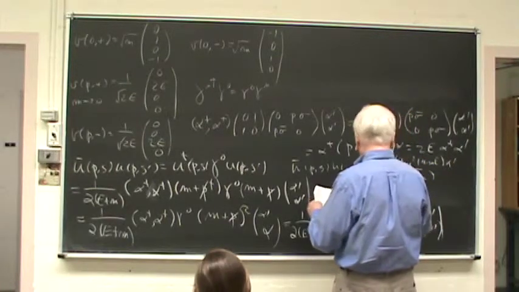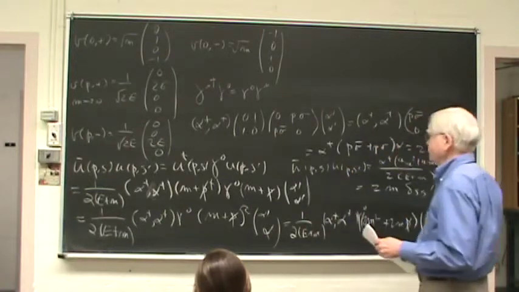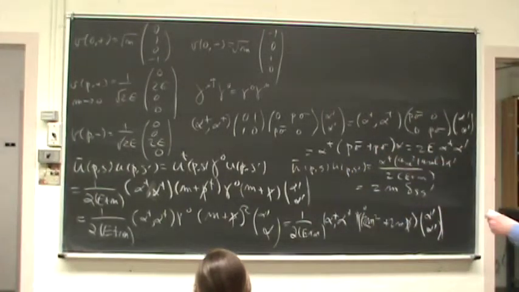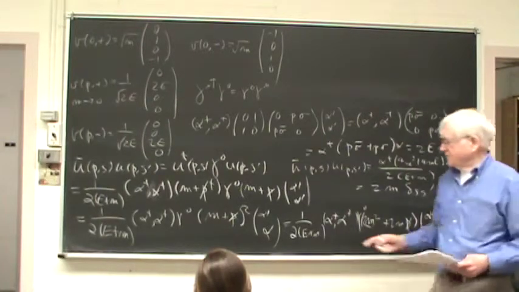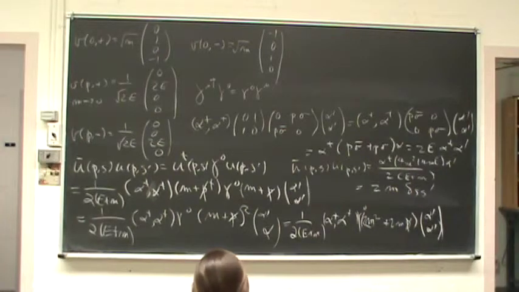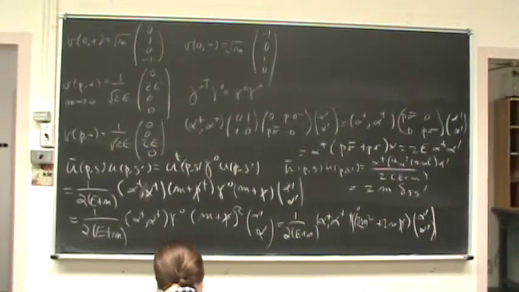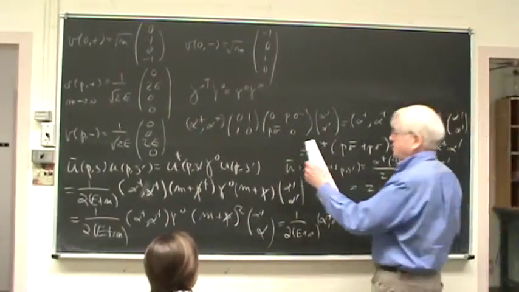And this gives us 2m delta SS prime. So that's the inner product. And I think this shows you the utility of using this m plus p-slash notation. It makes things somewhat simpler.